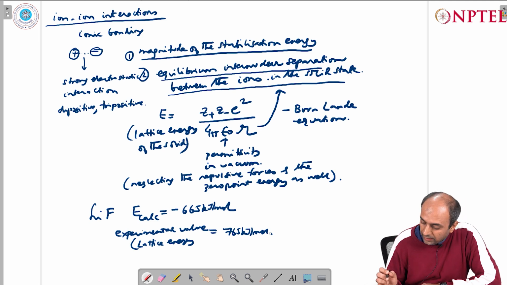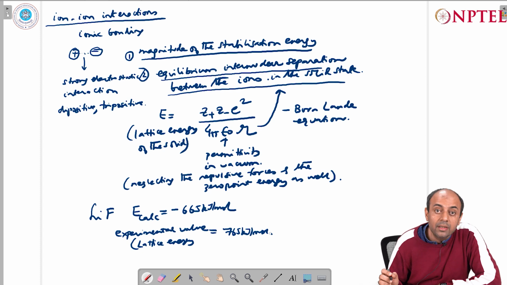And it has also been observed that as the size of the ion increases, there is a decrease in the magnitude of the lattice energy as well. So smaller is the size of the cation, more is the energetic stabilization; larger is the size of the cation, the energy drops substantially.